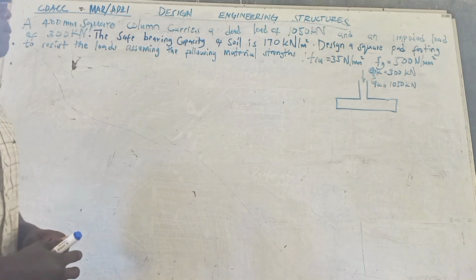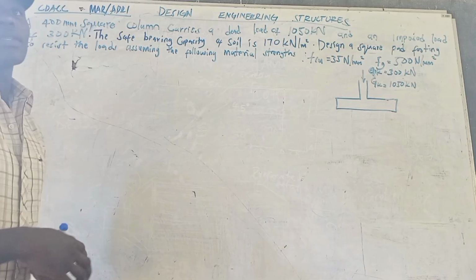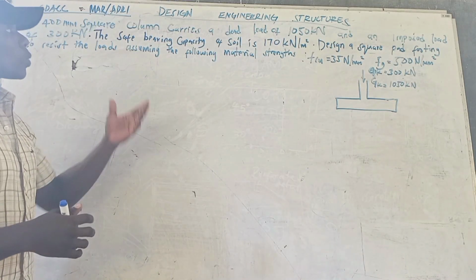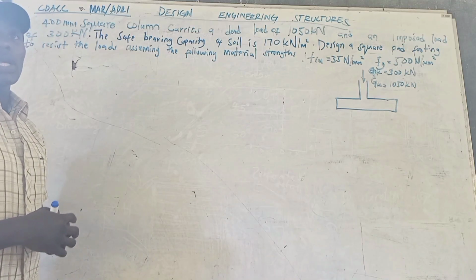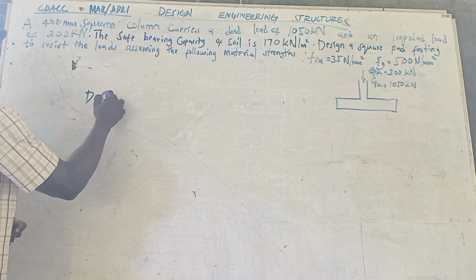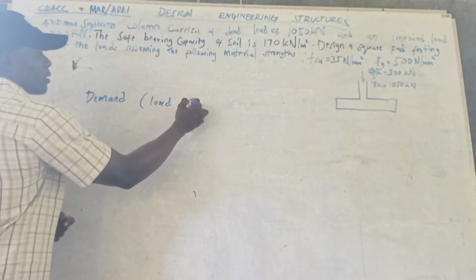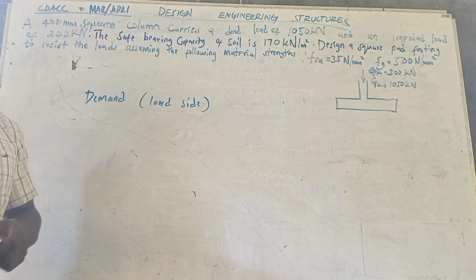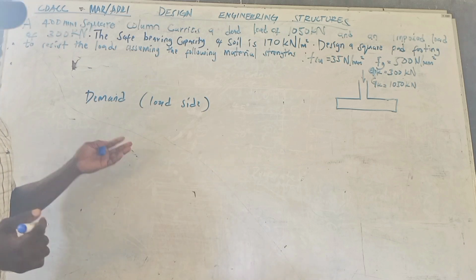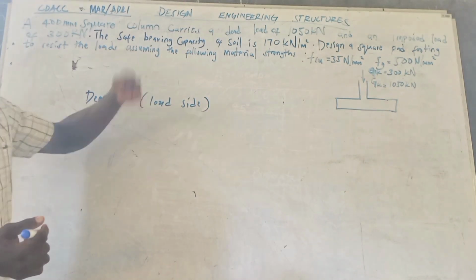So as usual, we are going to use our golden rules or our design principles to work this question out. We are going to work on the demand side or the load side, which represents the loads that are trying to break or bend or crash the structure.